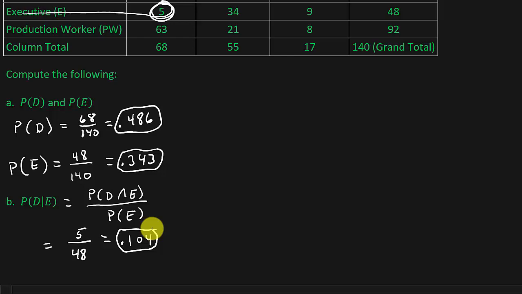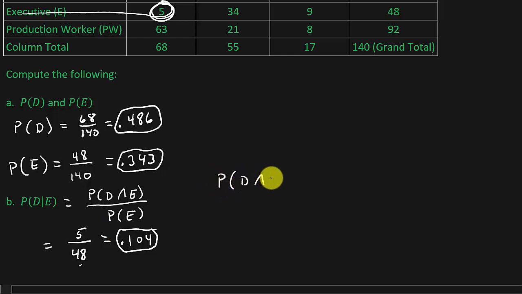Now let me talk about this for just a second. You might be thinking, well, that 5 he wrote down, that's not a probability. That's not the probability of the numerator. And this 48 here, that's not the probability of being an executive. So let's look at this again. Probability Democrat and executive over the probability of an executive.